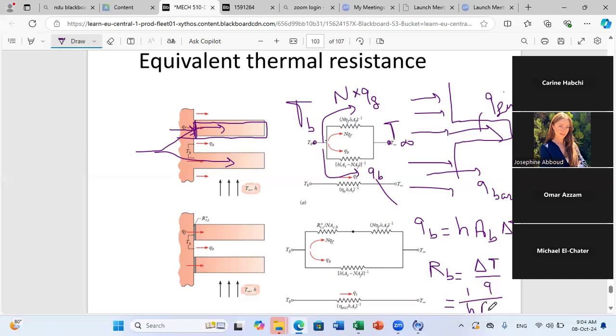What I mean by area base is the area that is not covered by fins.